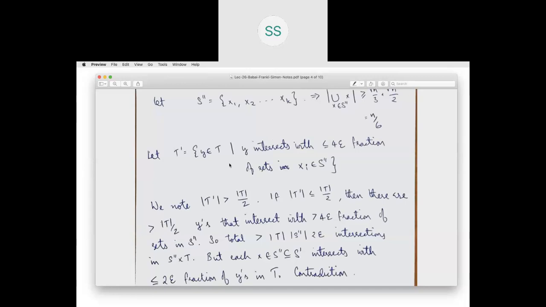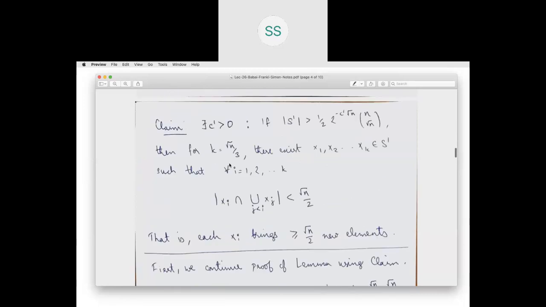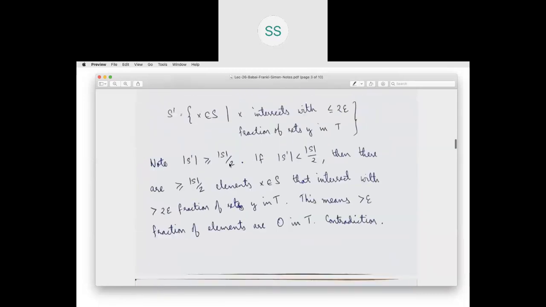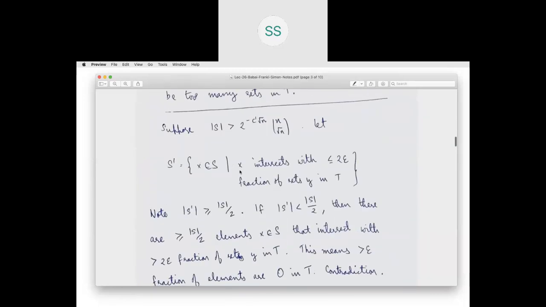Okay, we are only restricting to S double prime. What do we know about S double prime? S double prime is already a subset of S prime, and for S prime, we know that each set X in S prime intersects with at most 2 epsilon fraction of Y in T.